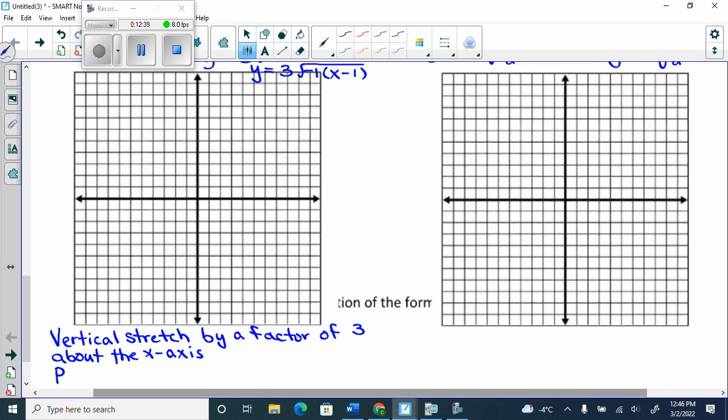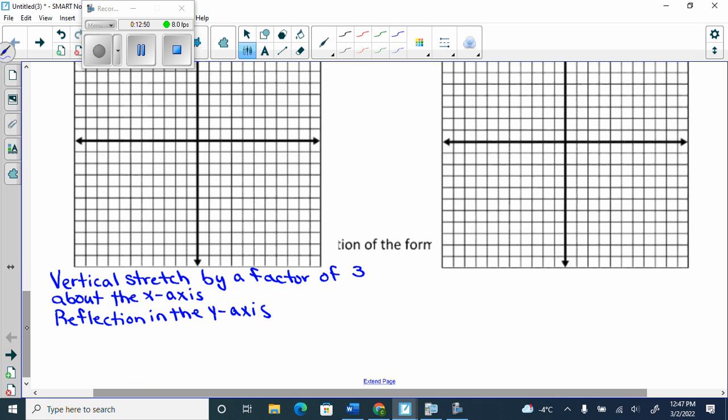So it's a reflection in the y-axis. And then that 1 is a horizontal translation, 1 what? Yeah, horizontal translation, 1 unit right.